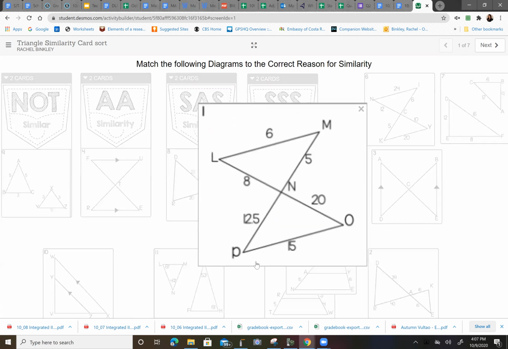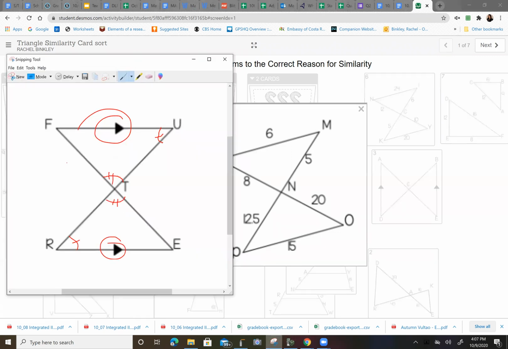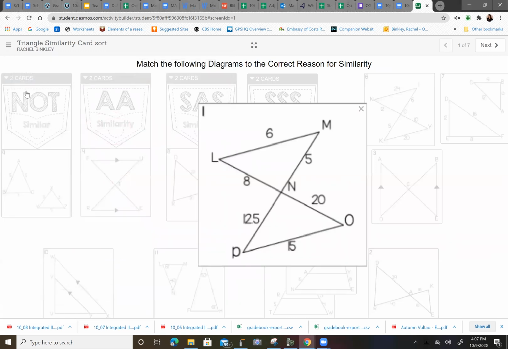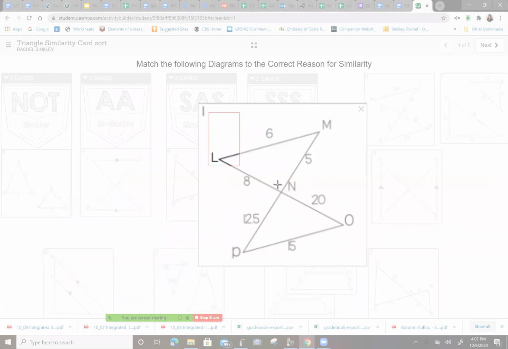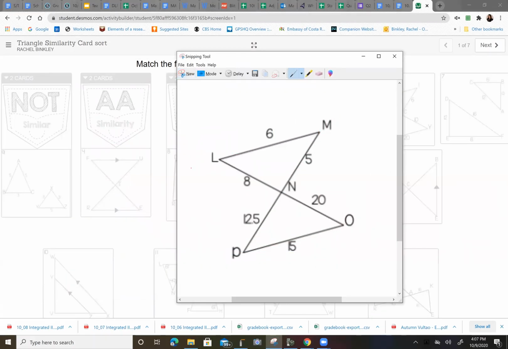If you take a look at this one, I put this under side side side similarity, and as you can see, let me do this so I can write on it. As you can see, I know all of the sides, but unlike congruent triangles where all the sides are the same length, we need to find a scale factor, or see if we can find a scale factor.